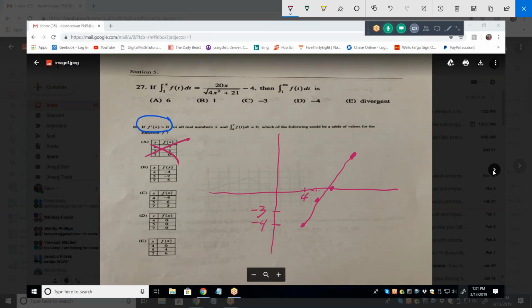And what we need is for the areas to be equal. In other words, we need a function whose area from there to there is going to balance out. Hence, the integral will be equal to 0. And notice that that always has a positive slope. So it satisfies the first condition. So that one for sure works.